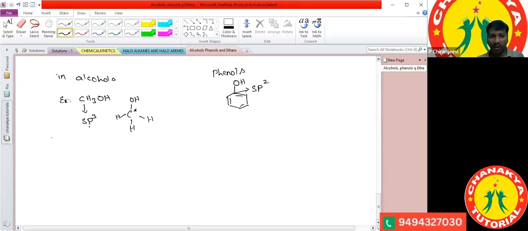Now one more example. What are the examples of alcohols which are connected with an sp3 hybridized carbon atom? In that also we have saturated alcohols, aliphatic alcohols, and unsaturated alcohols. What are the examples of unsaturated alcohols which contain an sp3 hybridized carbon atom?